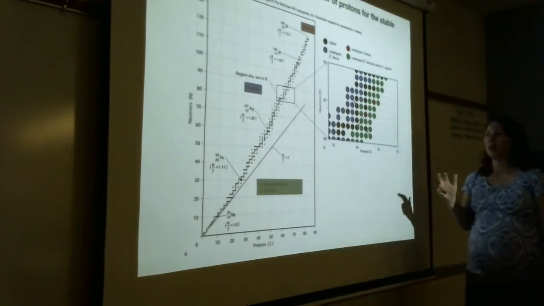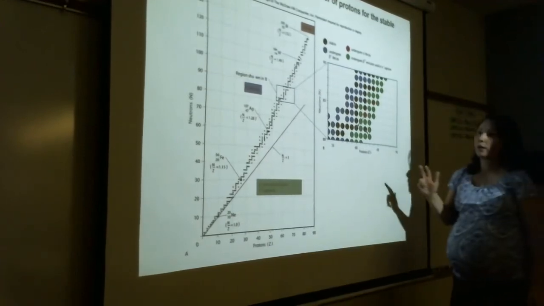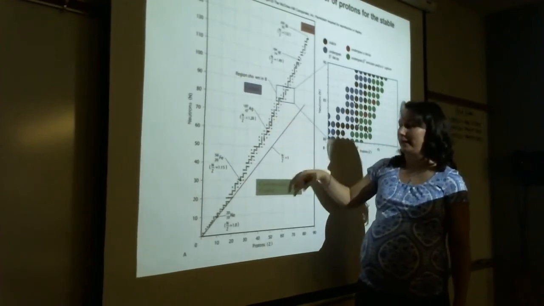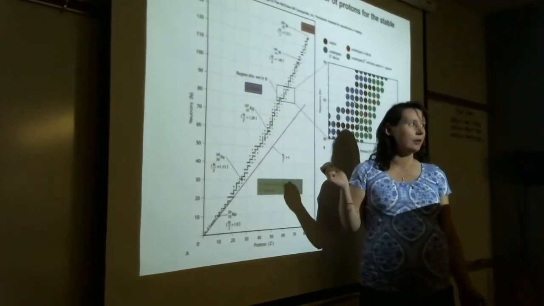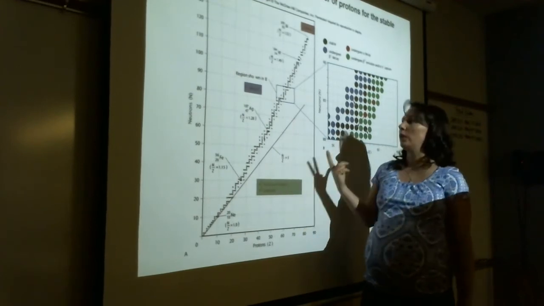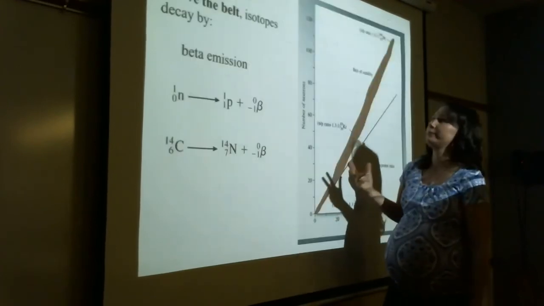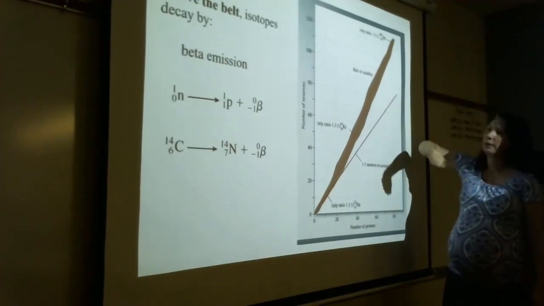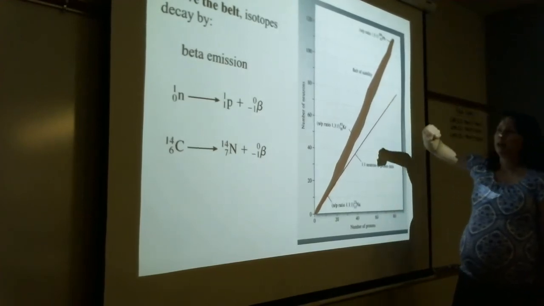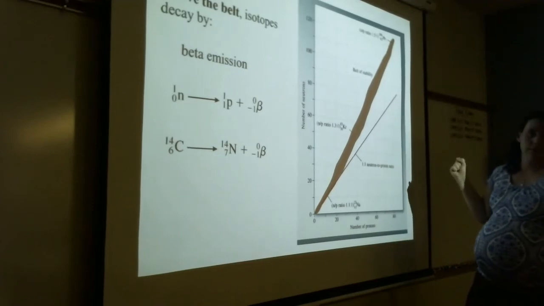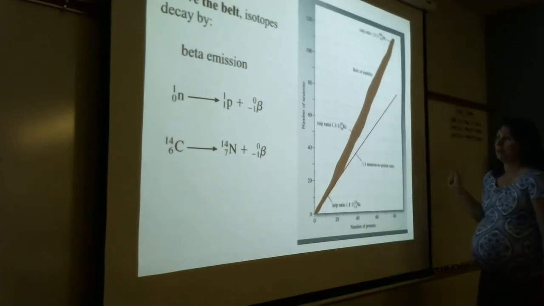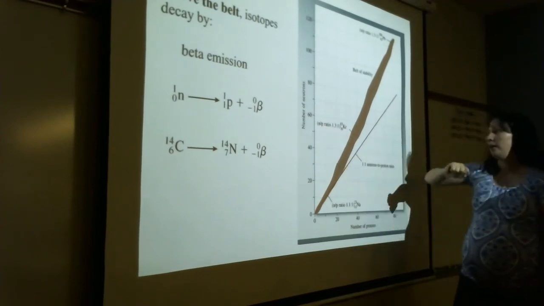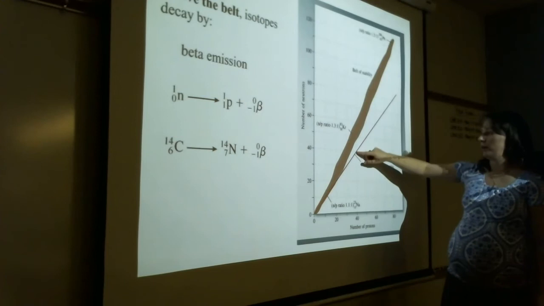And so based on where your neutron to proton ratio ends up being, this will allow you to predict what kind of decay your isotope is going to undergo. If you are above that band, which we call the belt of stability, you're going to undergo beta decay. So again, you're calculating the neutron to proton ratio, right? This is what 1-to-1 looks like.